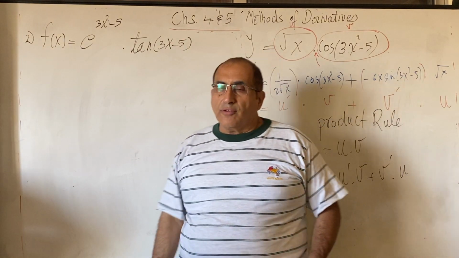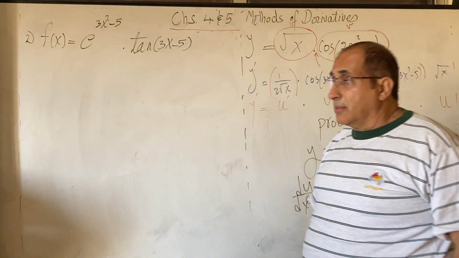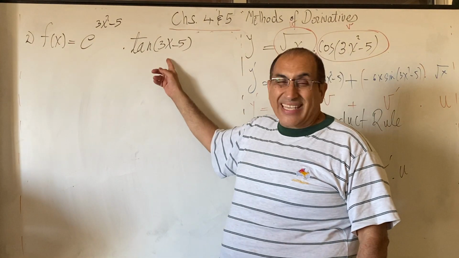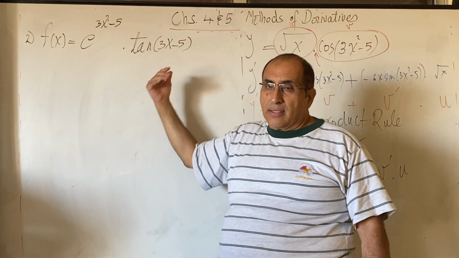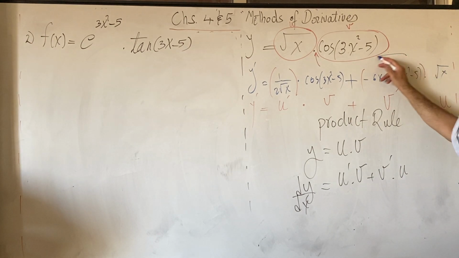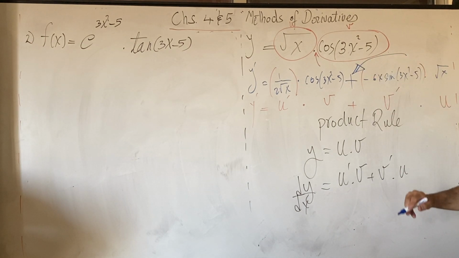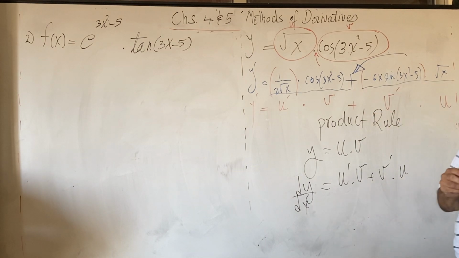Some people, if you look at your notes or other websites, do the opposite: derivative of the second times the first plus derivative of the first times the second. As long as you have a plus here, it doesn't matter if you write this after and this before.